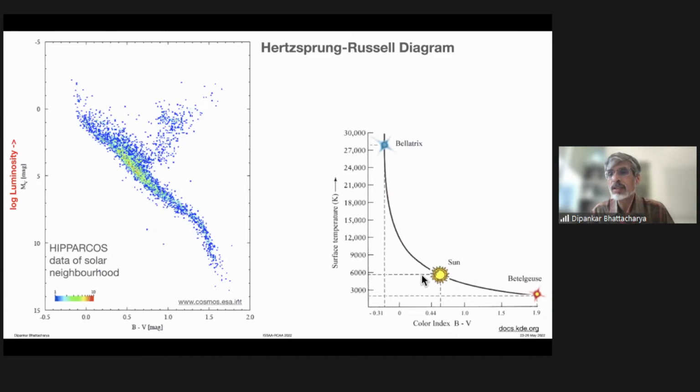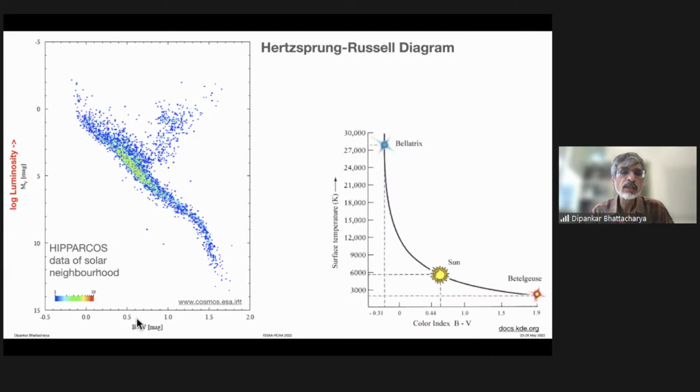So as I said, for the sun, the color index is over here, and the surface temperature is 5,780 Kelvin. And these are a few other stars. This is a red star, Betelgeuse in Orion, and this is a blue star called Bellatrix. So that gives you a sort of range of temperatures you can see among the stars in the sky.